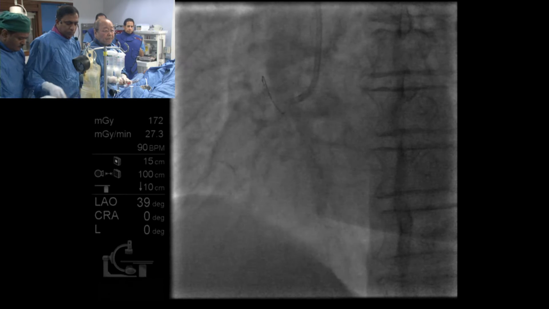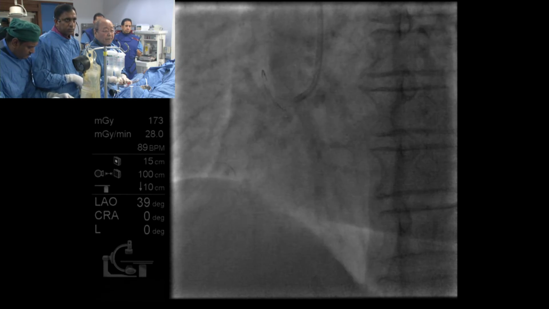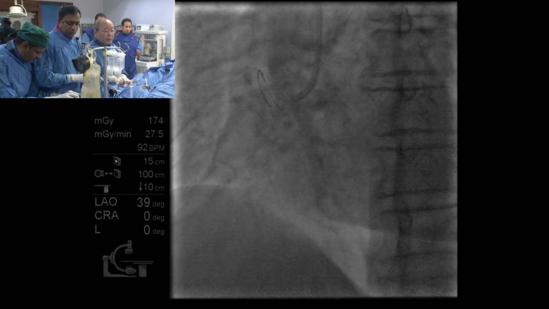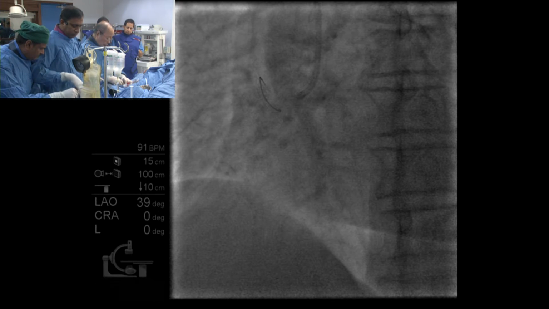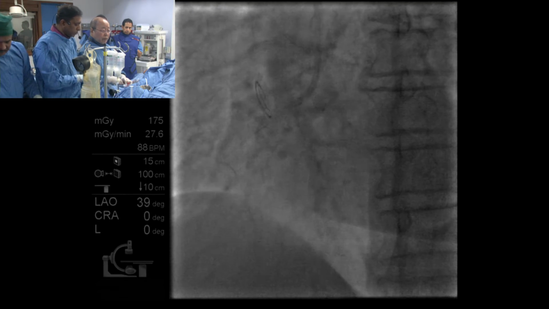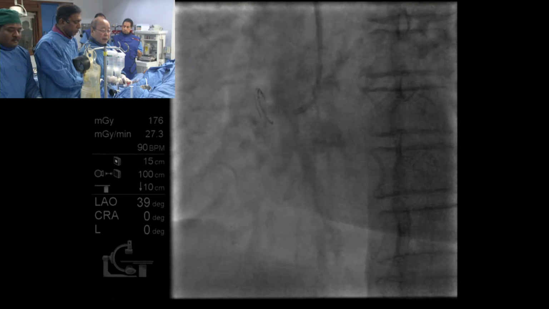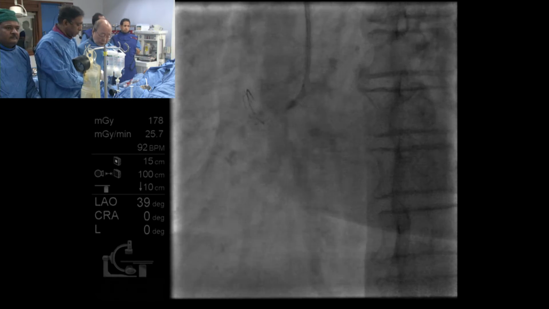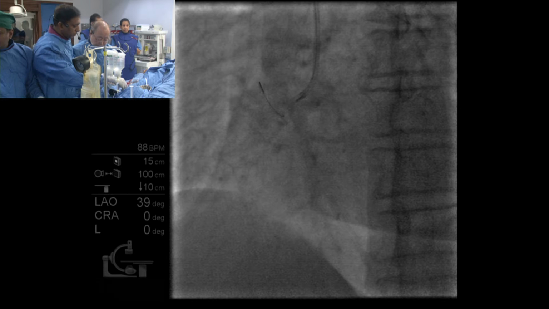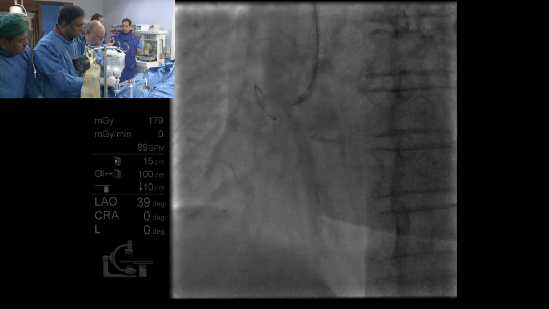Dr. Saito, how often are you using retrograde nowadays in Japan? If we can see some acceptable retrograde route, we usually start from retrograde, the first approach when you see good collateral. How about you, Rajiv?